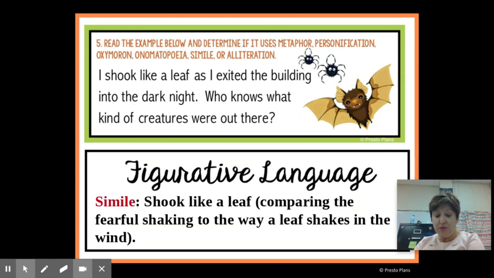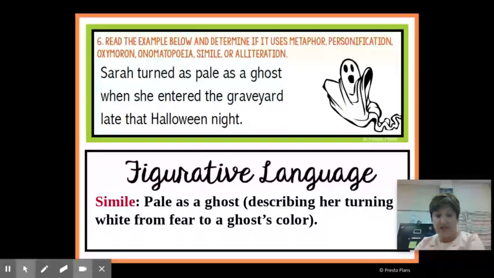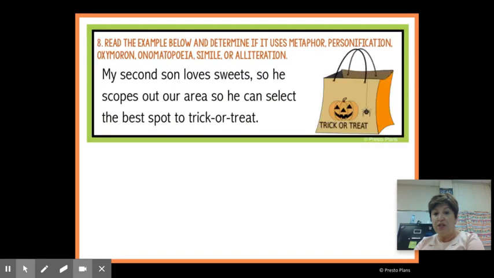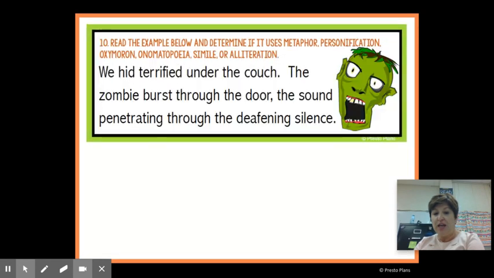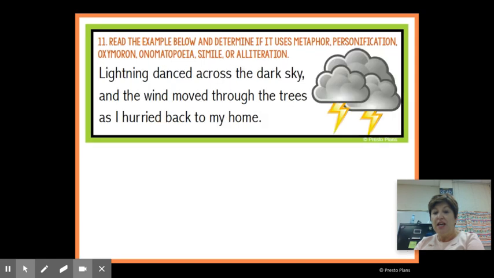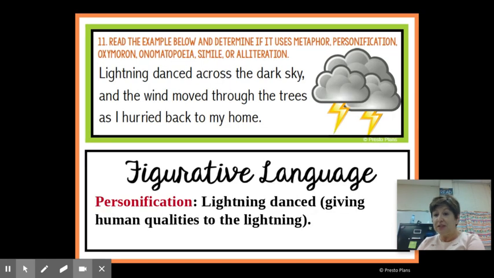Let's move ahead to the next example, which is personification. Personification is giving life or description of life to something that has no life, an inanimate object. What kind of things could you personify?